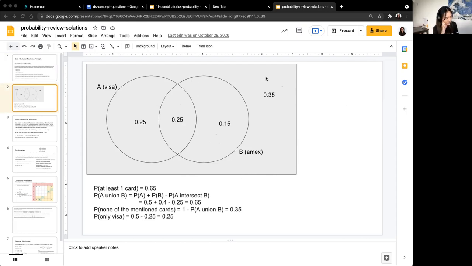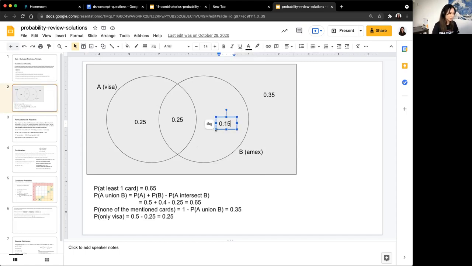There's another one that is not often used, but it's a backslash and it's B excluding A. I'm not sure if that comes across in our labs, but if you want to specifically look at this 0.15, another way of notating that is B excluding A. That's a formal mathematical notation for that.